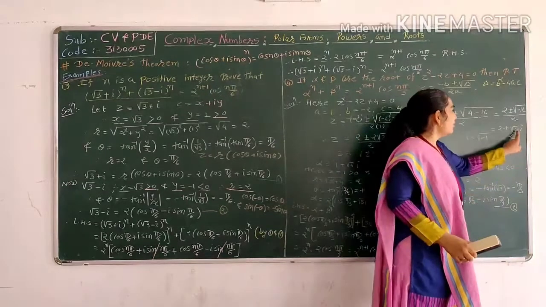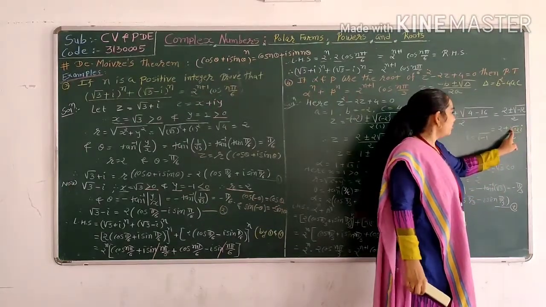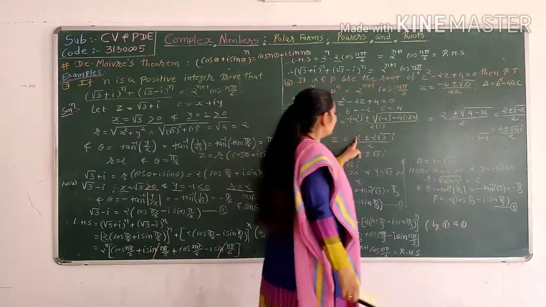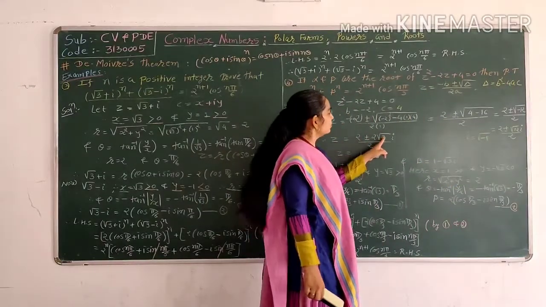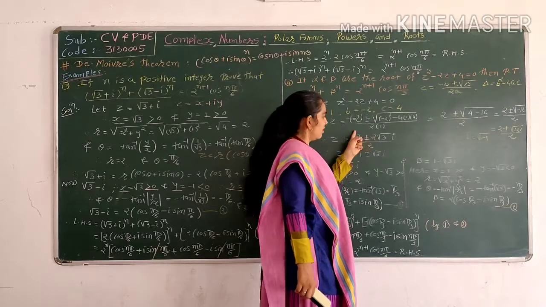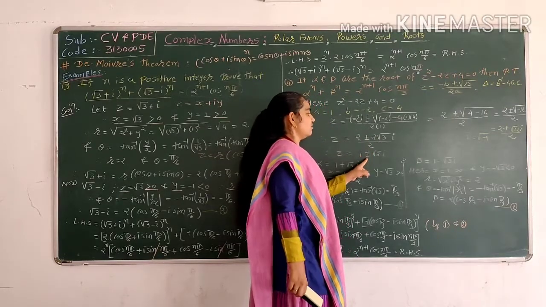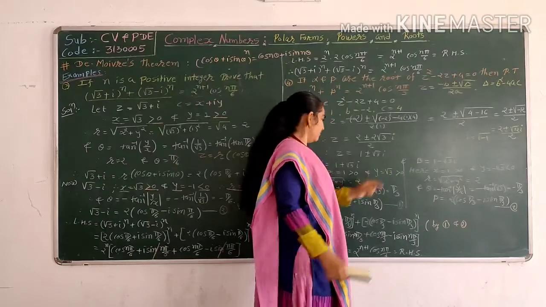Now 12 is 4 into 3, and under root 4 comes outside the under root. Therefore 2 plus or minus 2 root 3 i divided by 2. Now 2 is common, 2 cancels. Therefore z is equal to 1 plus or minus root 3 i.